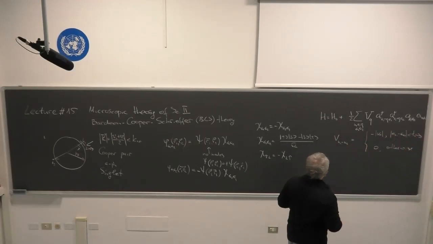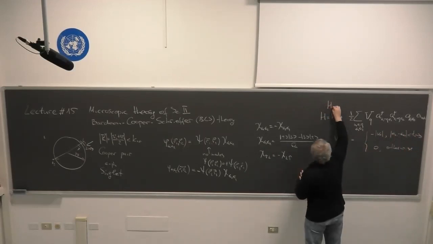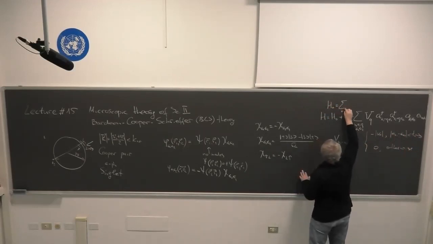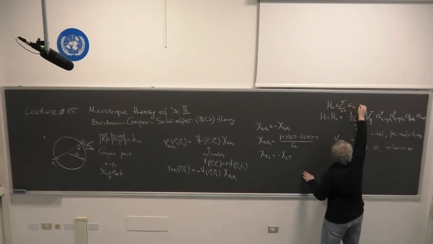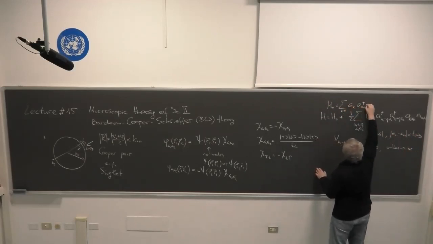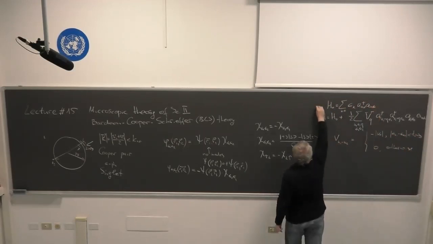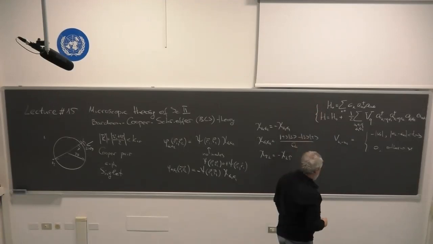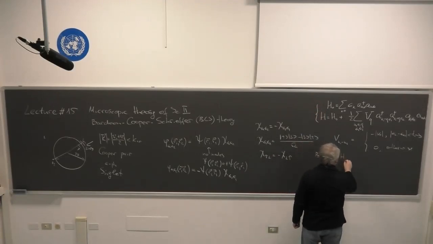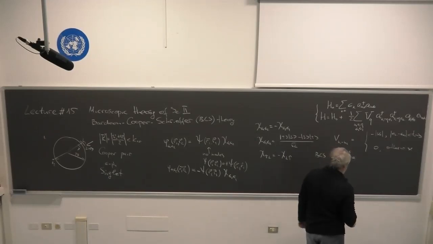So as a result, H naught is the kinetic energy, sum over k, sigma of epsilon_k a dagger(k, sigma) a(k, sigma). As a result, we can replace this initial model by an approximate model, which is the BCS model, where H interaction BCS is equal to, first of all, we have attraction.